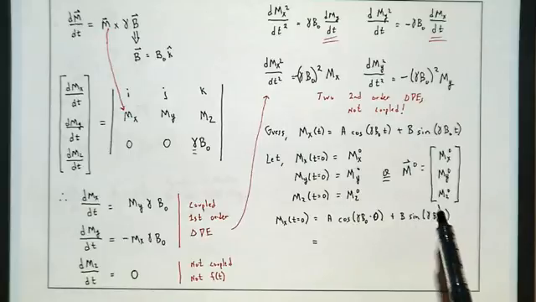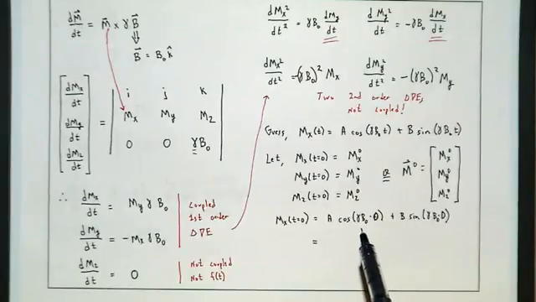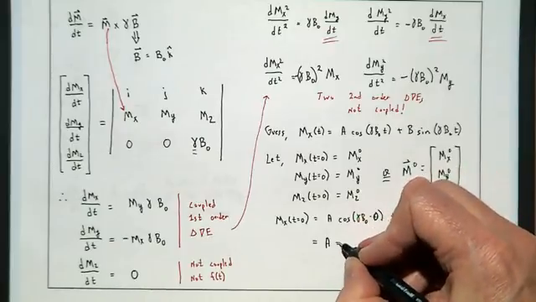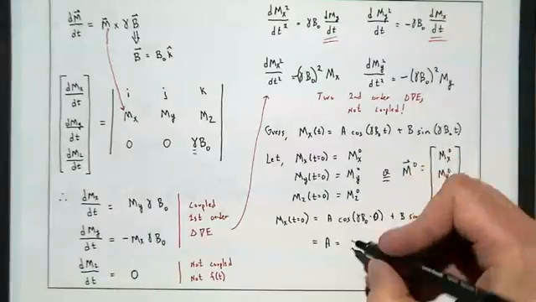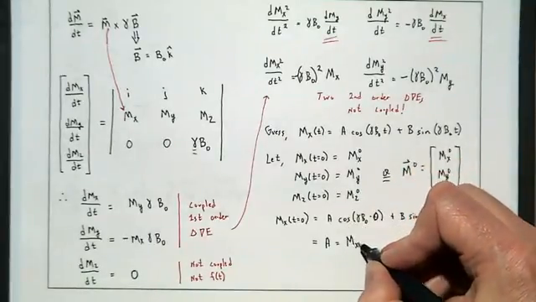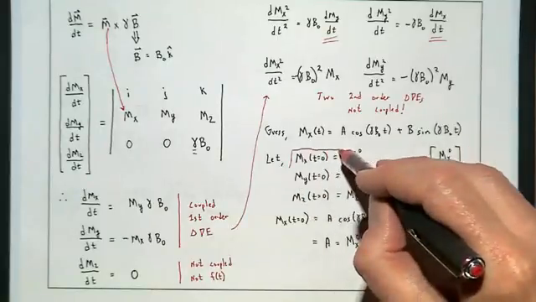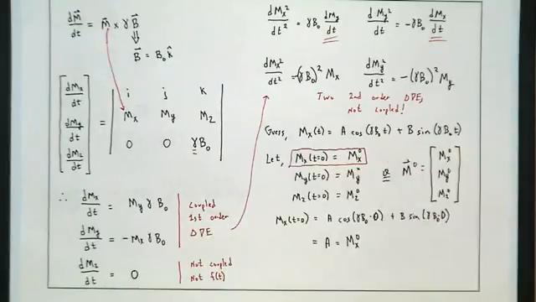Sine of 0 is 0, and cosine of 0 is 1, so this whole expression just collapses to A. And we already know that this is also, by equivalence, our initial condition. So we have a better way of describing A: it's whatever our initial condition is. Is that okay?